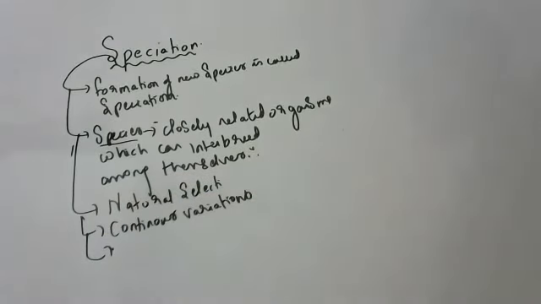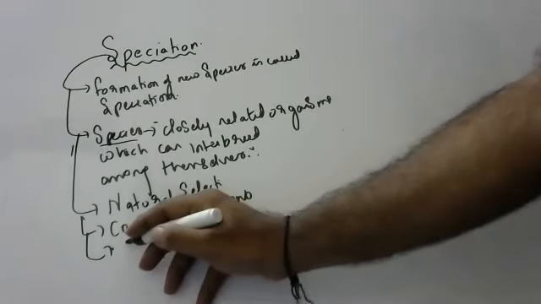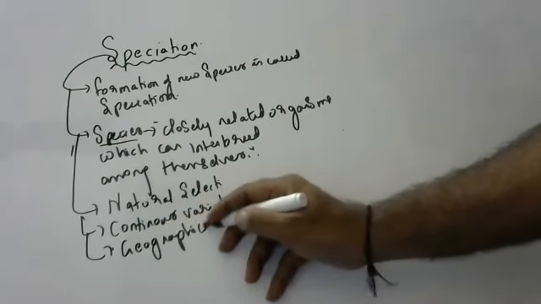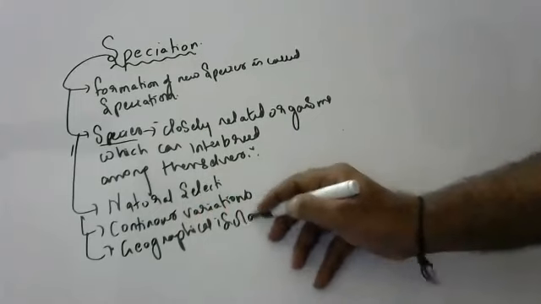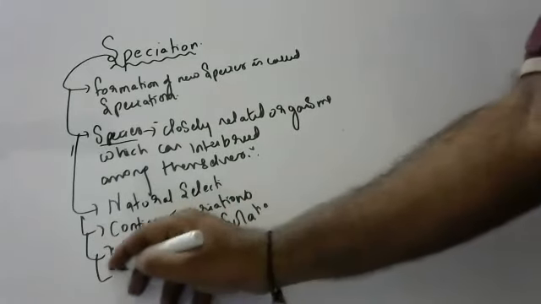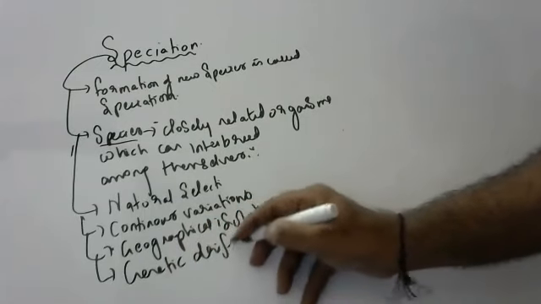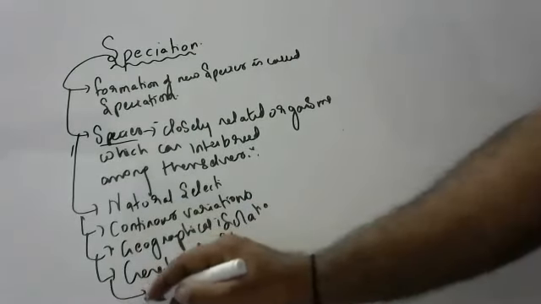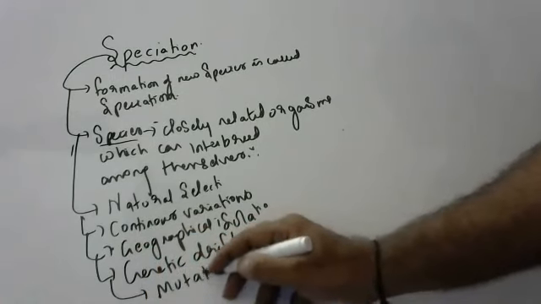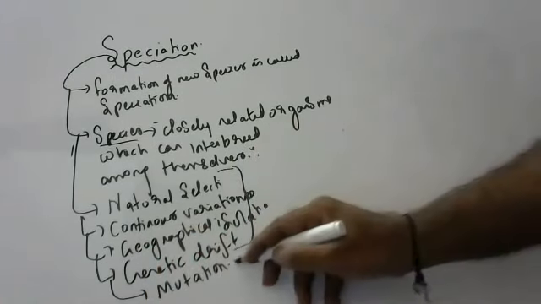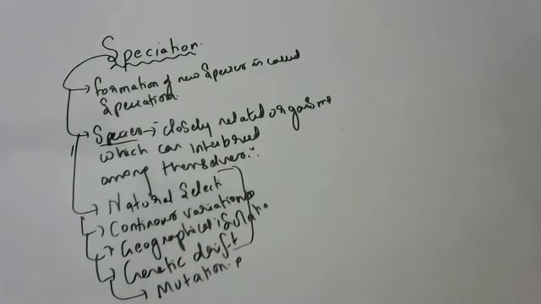Geographical isolation, genetic drift, and last but not least, mutation. Children, four of these factors are given in the textbook, but this factor is not given in the textbook. So I'm adding one more.